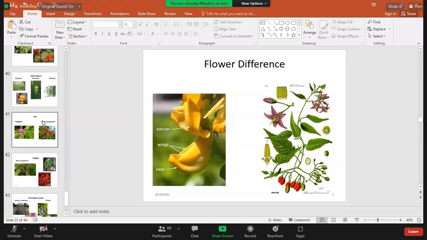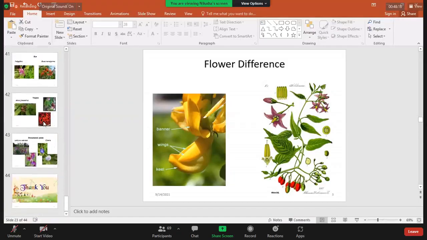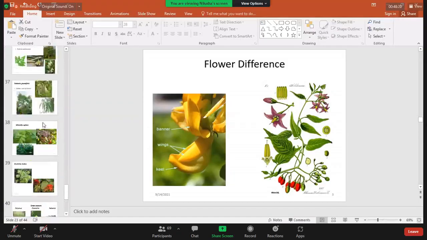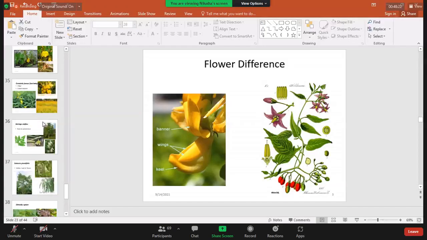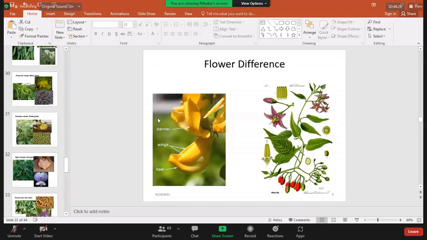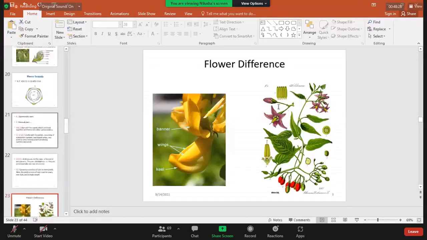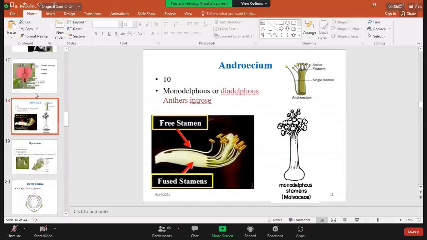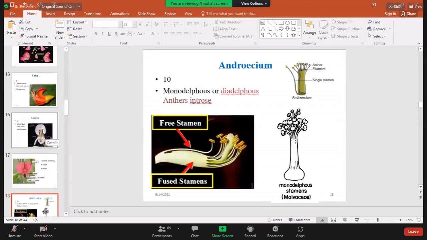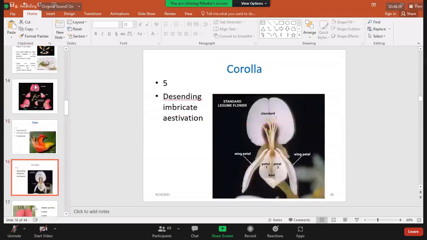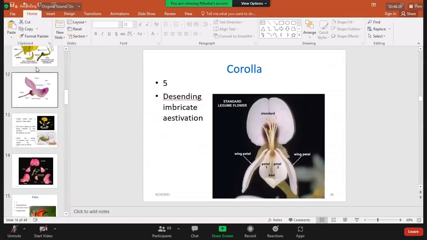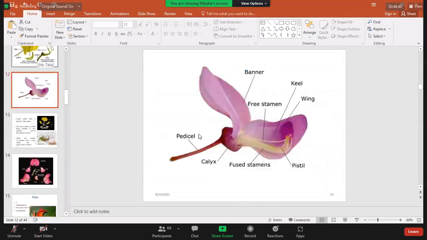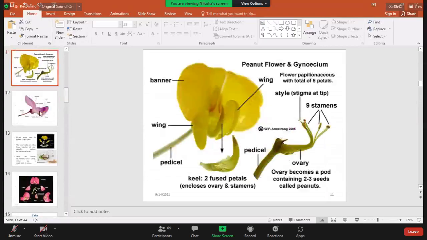That only, I think, you want to draw: this floral formula and androecium picture, and the flower petal. This picture or this picture you want to draw.